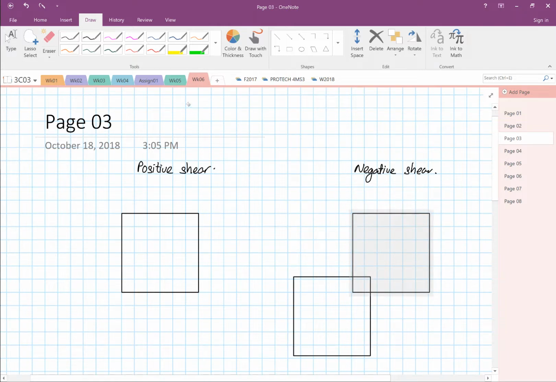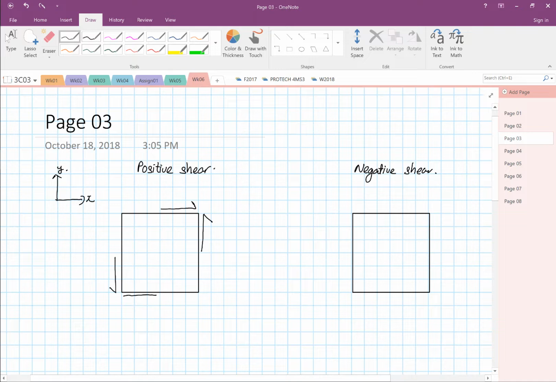So let's look at the shear stress. So again, transformation to follow x and y. The shear stress is drawn in this manner. So this is a positive shear configuration, and the other side is a negative shear configuration, and I hope you see the difference. One is known as positive shear, the other one is known as negative.